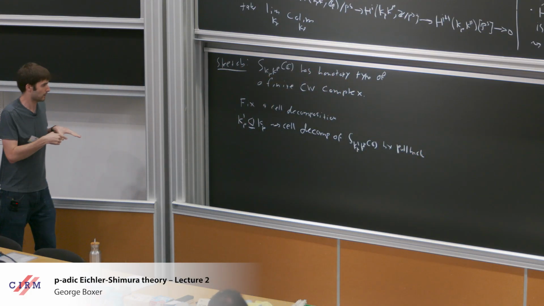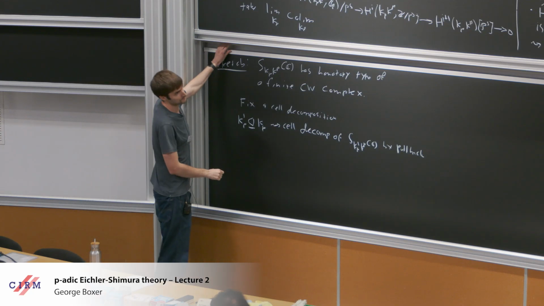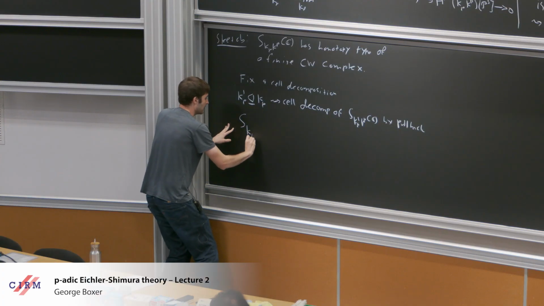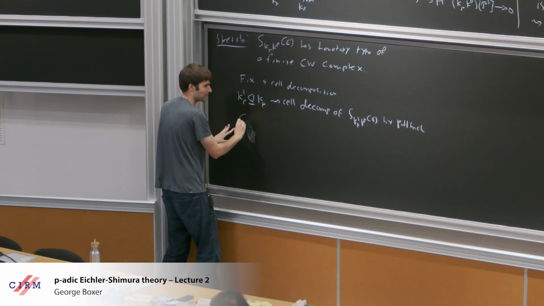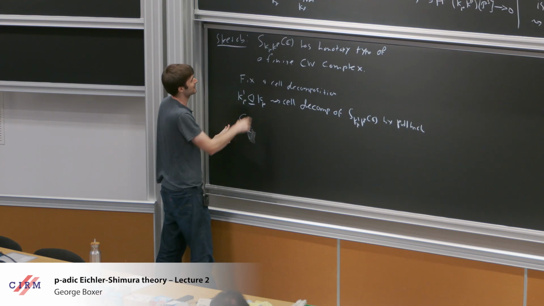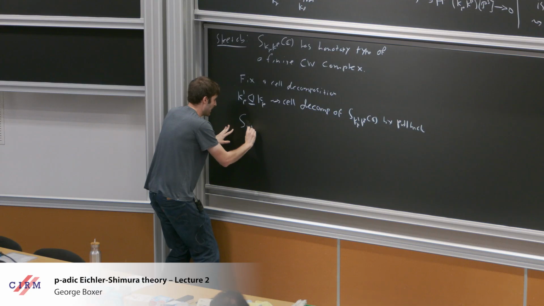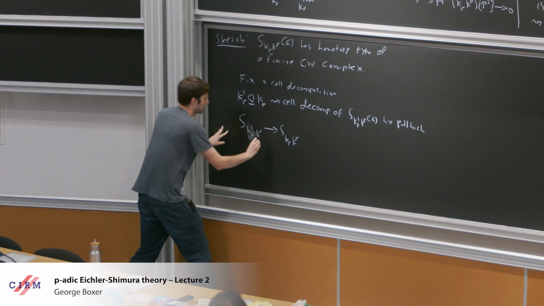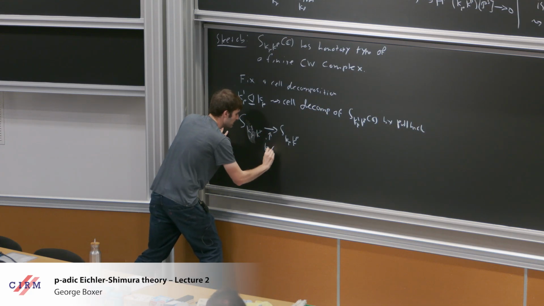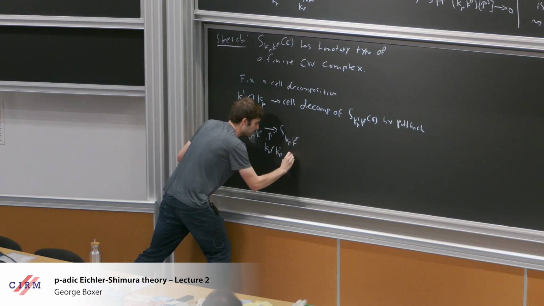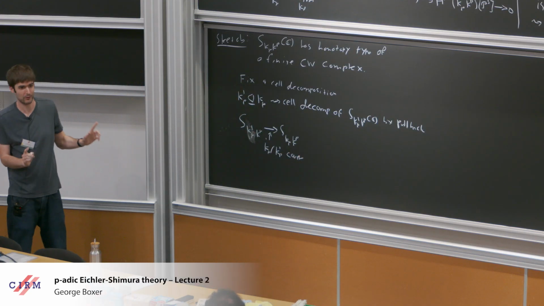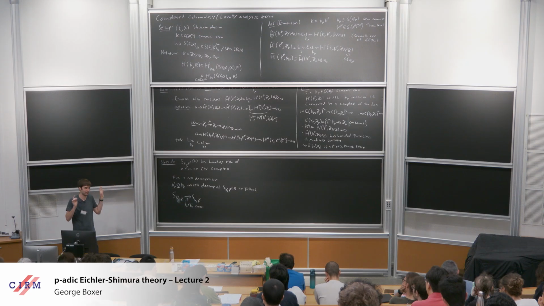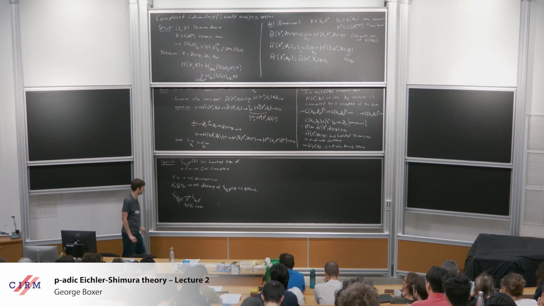So this map, S_{K^p K_p'} to S_{K^p K_p}, is a K_p/K_p' cover. Actually, I have to admit that's not always true. It's true under some assumption on the Shimura datum, like for example, that it has Hodge-Tate, and I'm really just going to assume that for simplicity. So let's just assume that this is actually true.